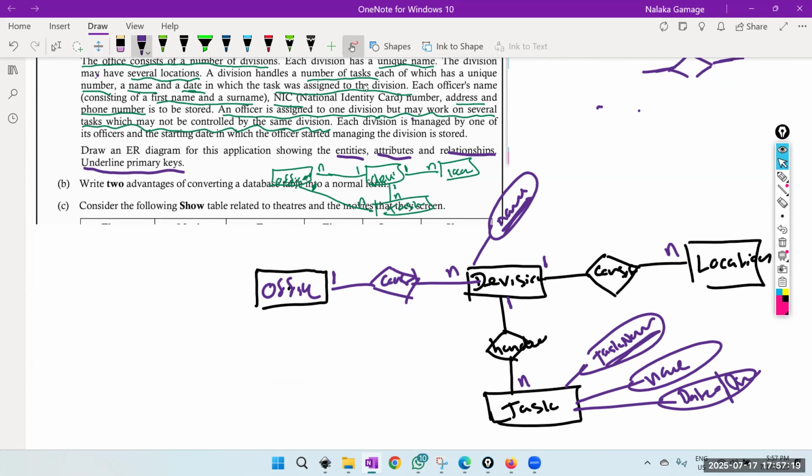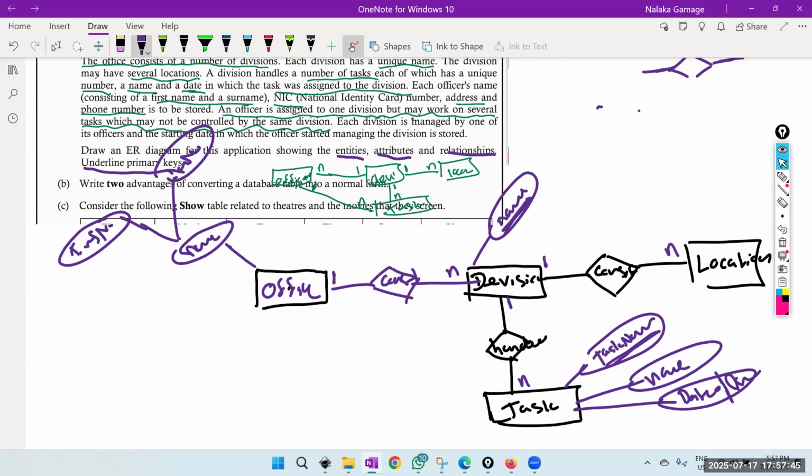Each officer's name consists of first name and surname. So an officer has a name. It looks like it is a composite: first name, last name.